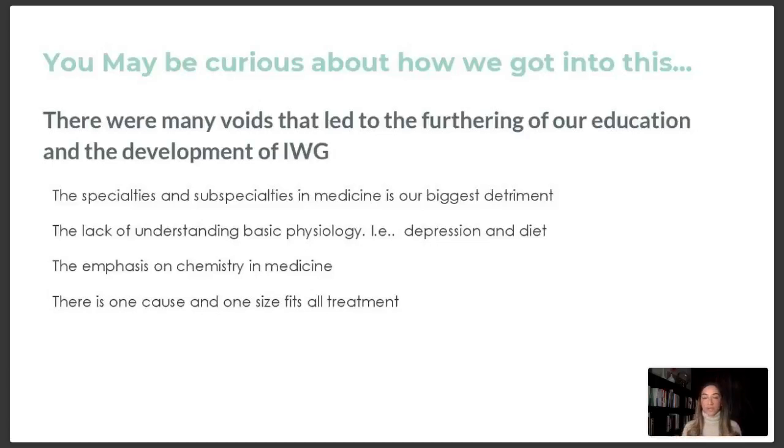So it's really a matter of understanding that we're not a bunch of separate systems, and we need to start looking at the body from an integrative perspective, because this is not just about your brain not communicating with your gut and not communicating with your immune system and not communicating with your kidneys. Everything is communicating together. So a big thing that I hear often is, why doesn't everybody look at the body the way that you do at IWG? Why doesn't everybody do the type of testing that you guys do?